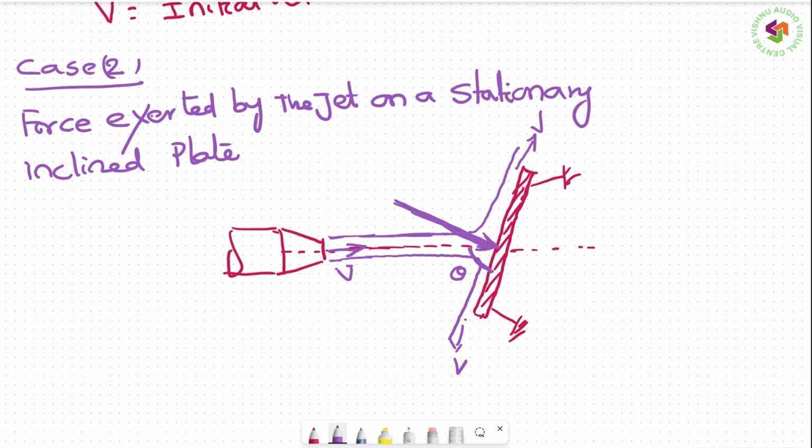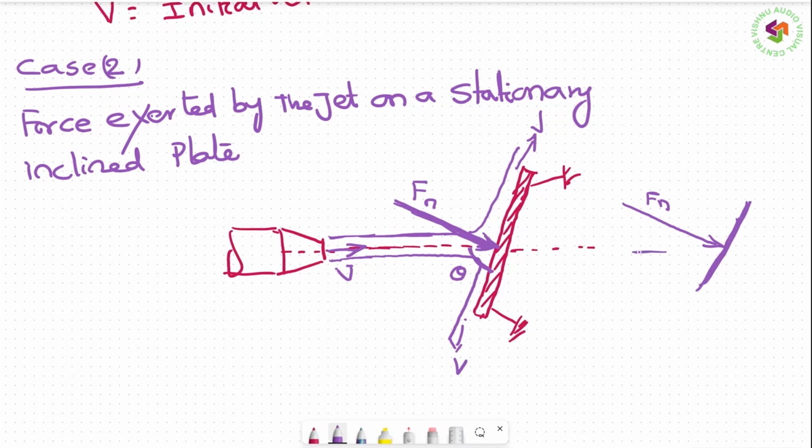So I calculate the normal force. Once I calculate it, this is how the normal force acts. If you see, this is how the plate is, right?